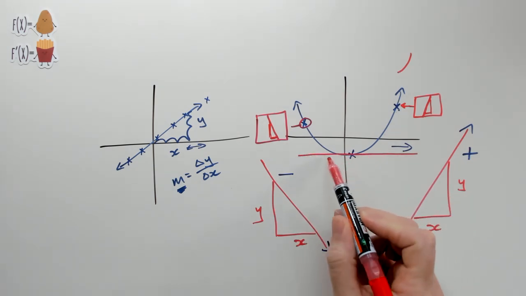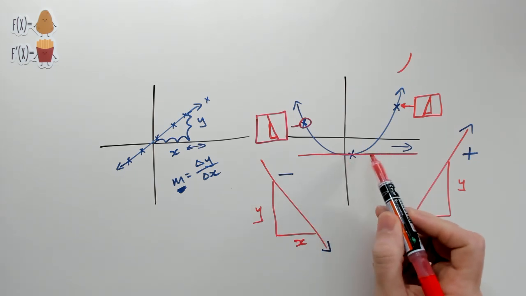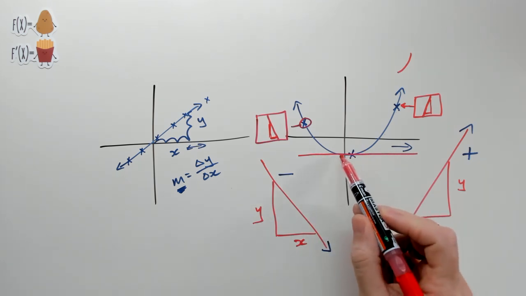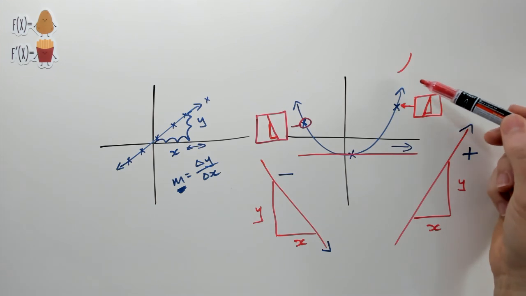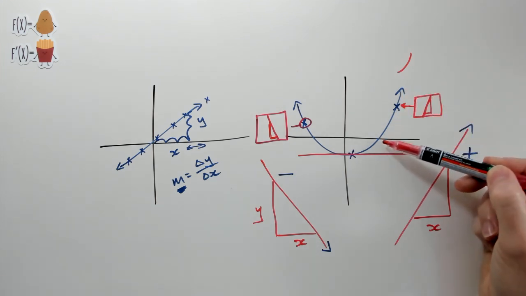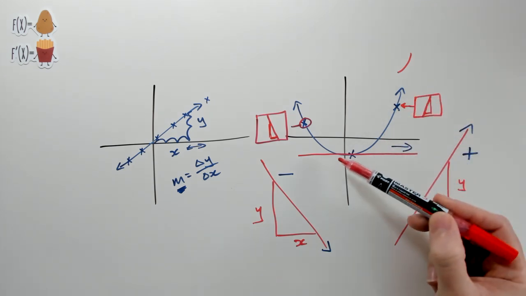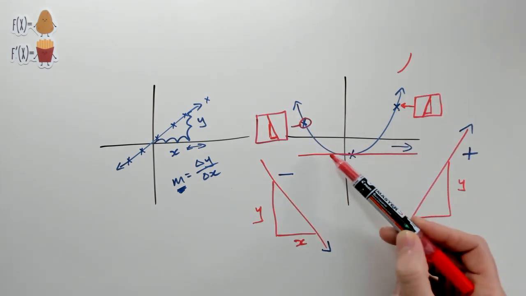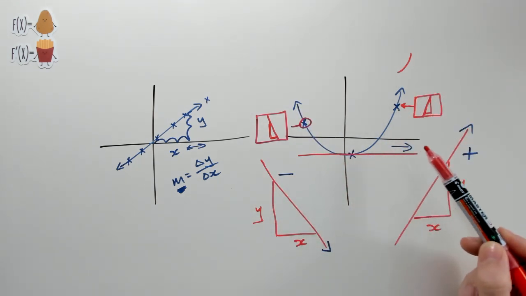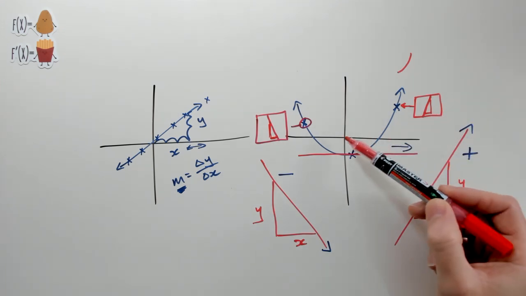The gradient here is nothing, it's 0. There's no incline. So everywhere across this curve, the rate at which things are changing is not constant, and that's actually why we see the curve: the rate of change is different.